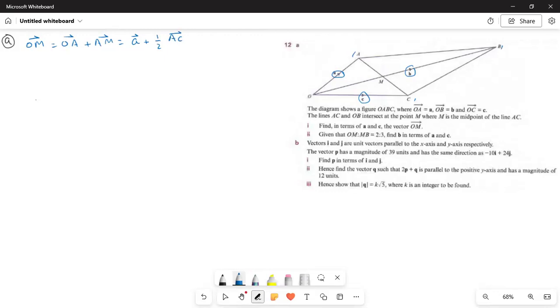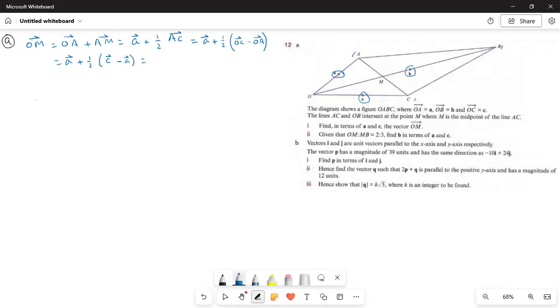Okay, and what is AC? A plus half AC. AC is OC minus OA. So this would be A plus half, OC is C vector and OA is A vector.